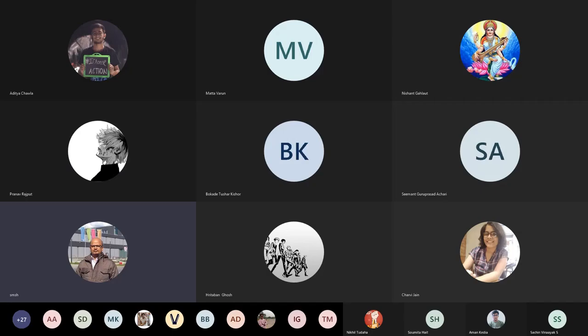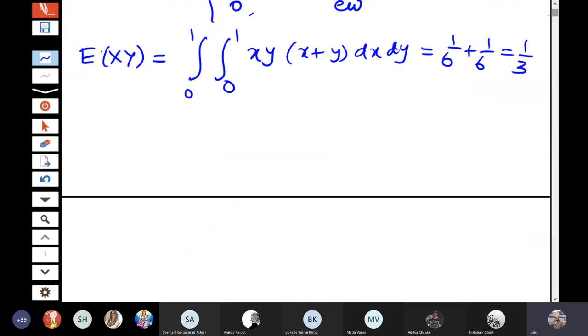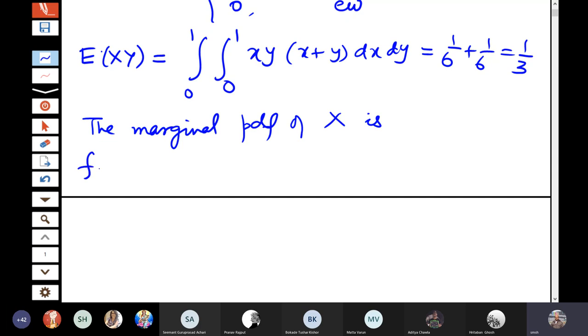So for that we can easily calculate the marginal distributions here. The marginal PDF of x is, you integrate x plus y with respect to y.